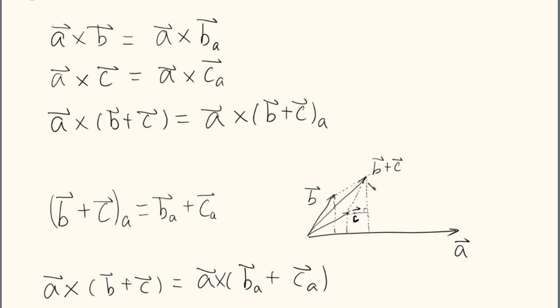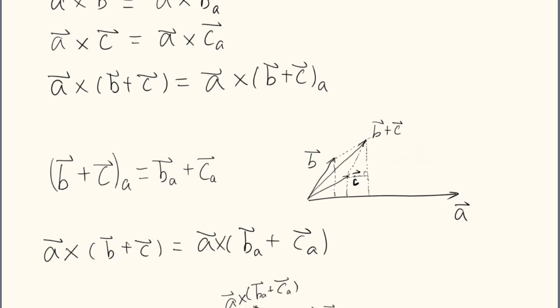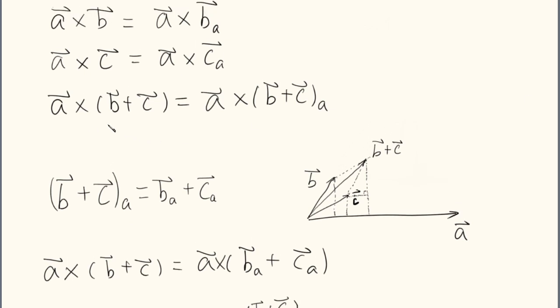So vector B sub A plus vector C sub A equals vector B plus vector C sub A. So these two are equal. So vector A cross vector B plus C equals this, and equals this.